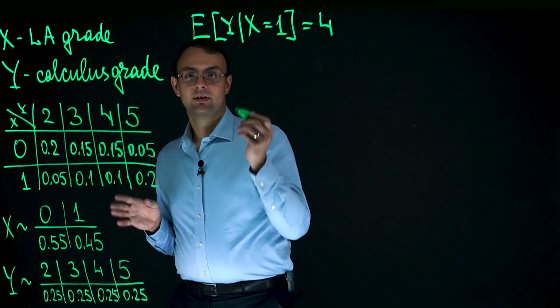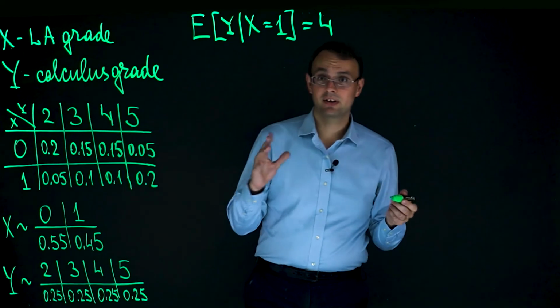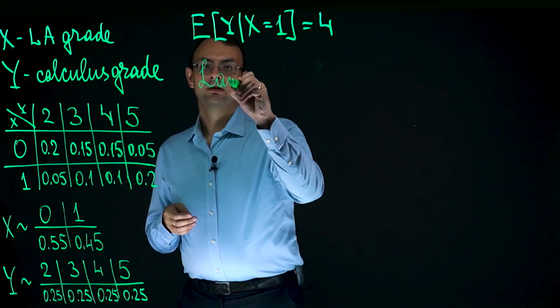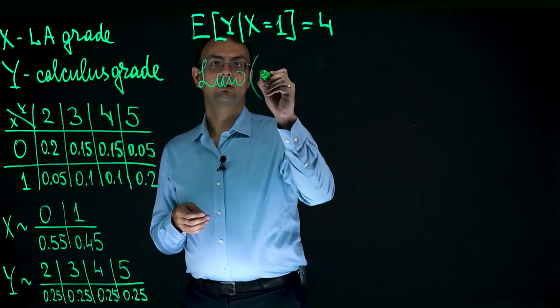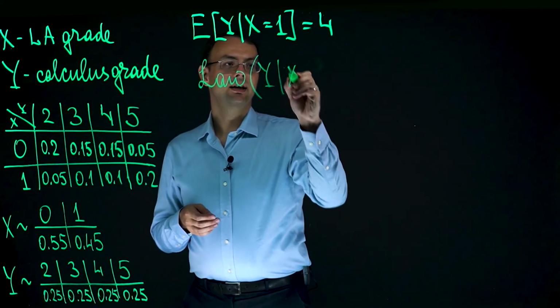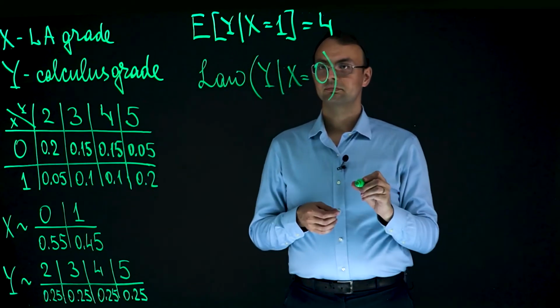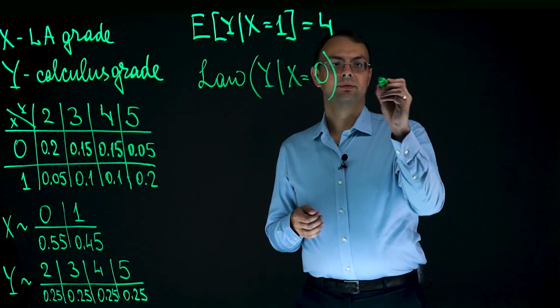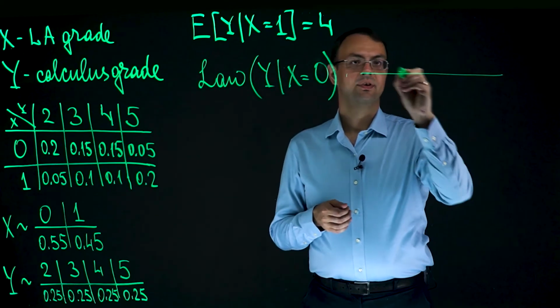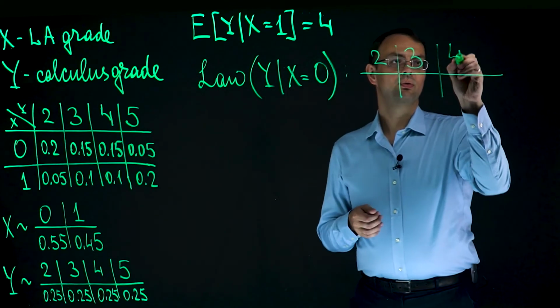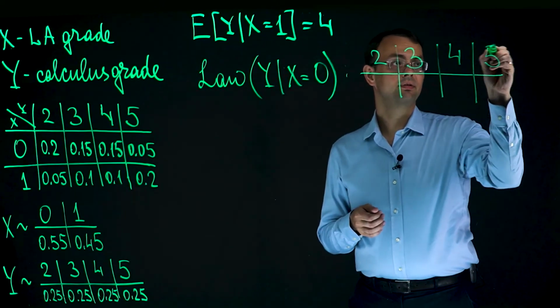So the first step is to find the conditional distribution. So I need the conditional distribution of y given x is 0. The values are 2, 3, 4, 5.